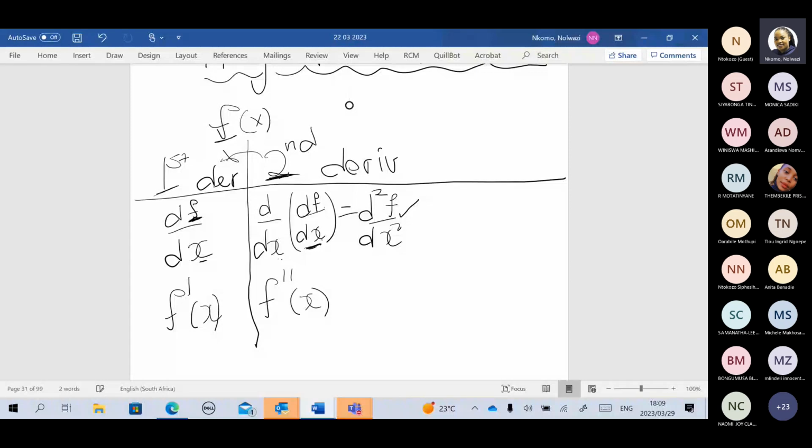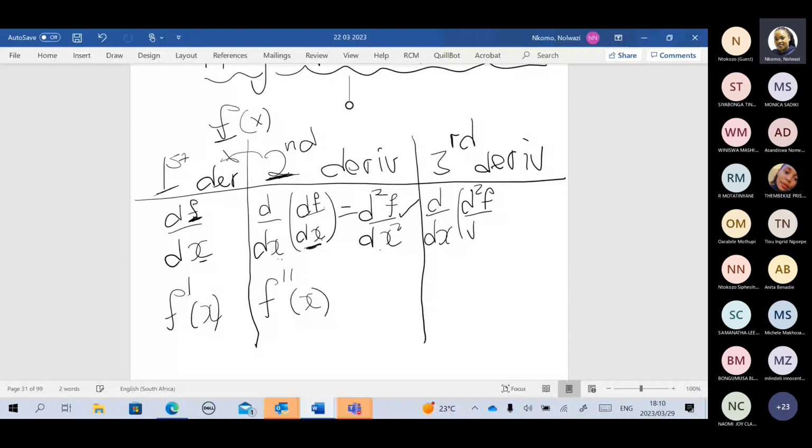Then we have the third derivative. Here, we are differentiating the second derivative, right? So you can represent the third derivative as d/dx of the second derivative.